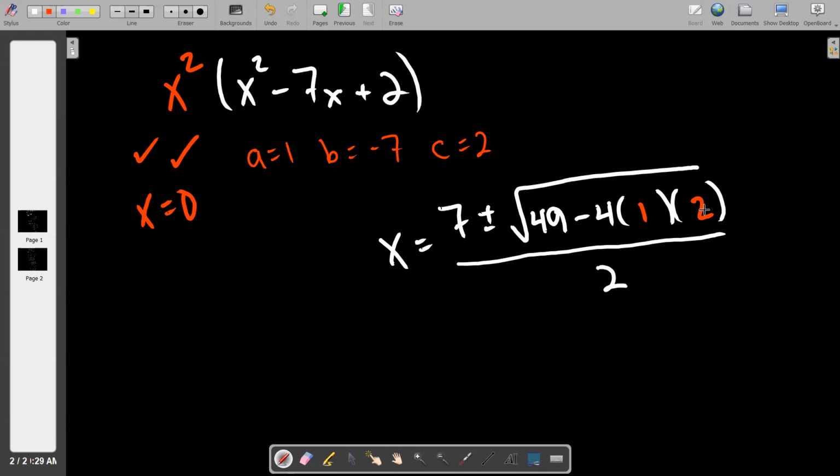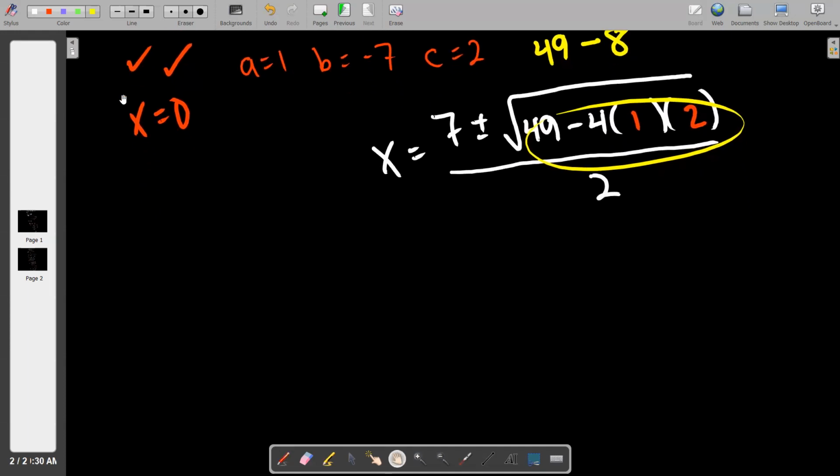Very, very real, because inside the discriminant, I have 49 minus 8, which last I checked is a pretty positive number. So if my discriminant is positive, the answers will be on the x-axis. So I have 7 plus or minus the square root of 41 all over 2.